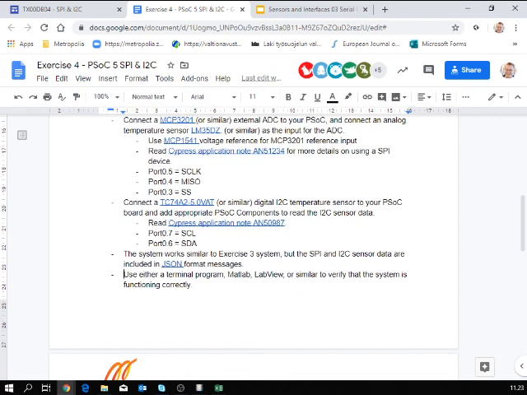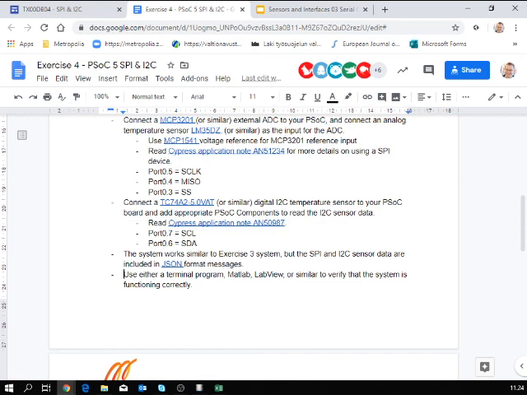So select these as here on your device. I'll connect the MCP3201, the SPI bus A to D converter, and read the data sheet. It's right behind that link.